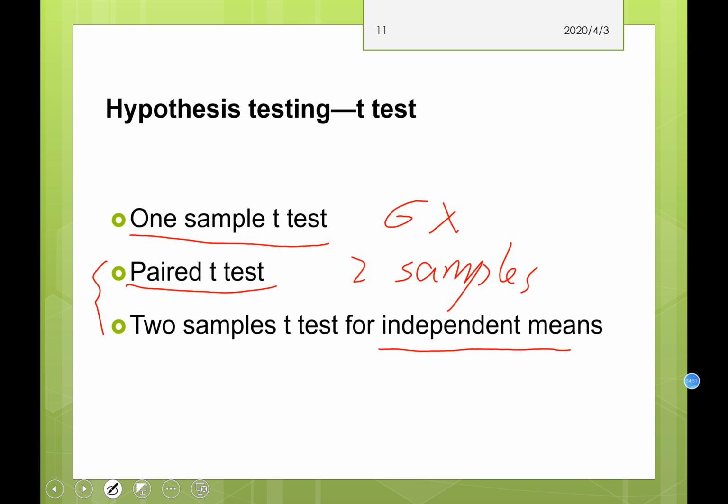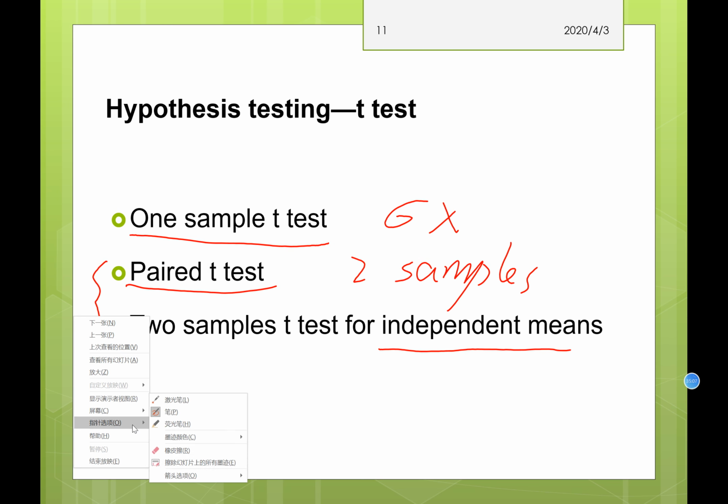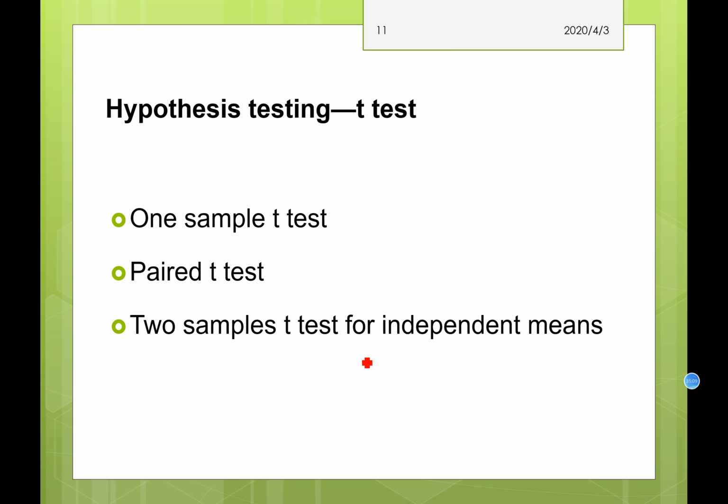So we can compare the methods and review and summarize the key points in these 3 hypothesis testing methods. We said that one sample t-test means there will be only one sample size in the question.